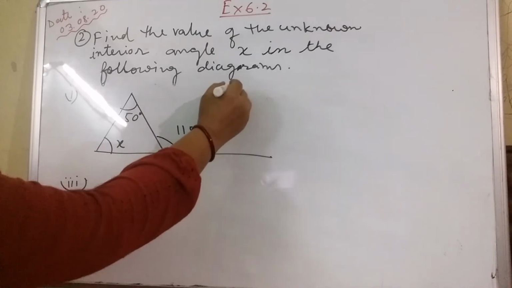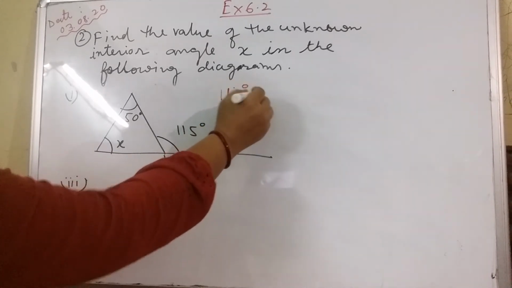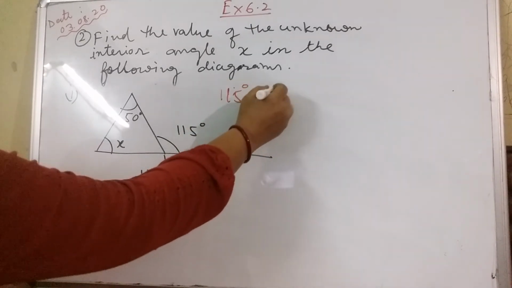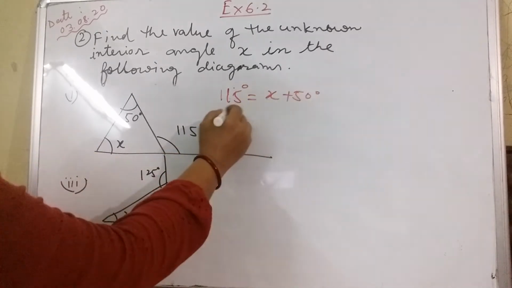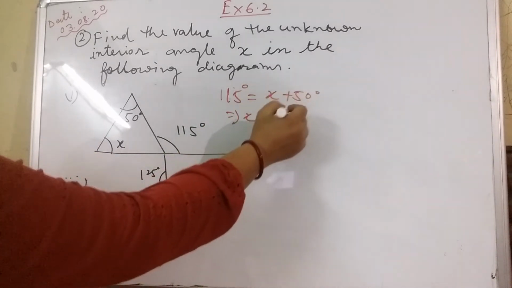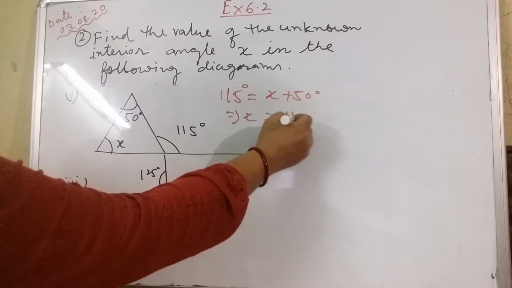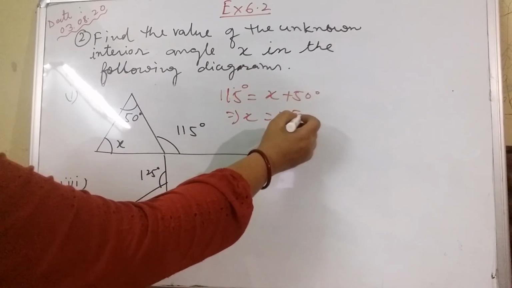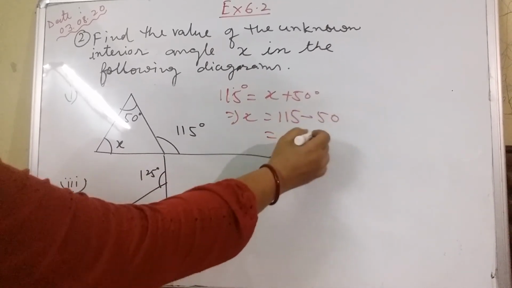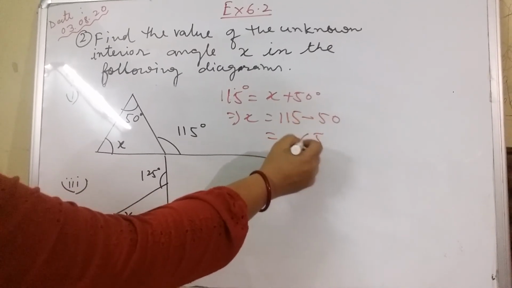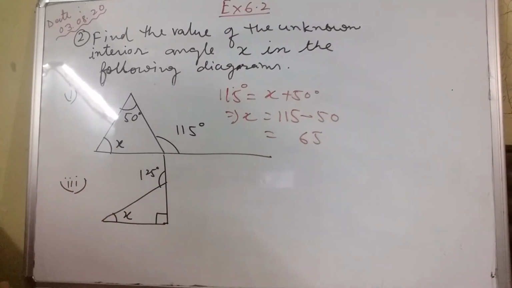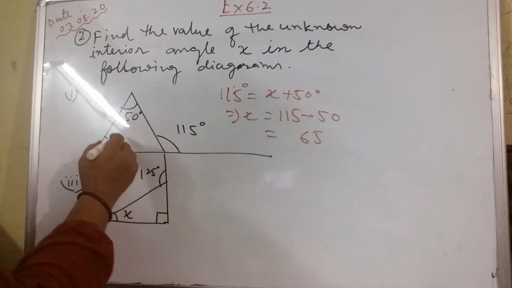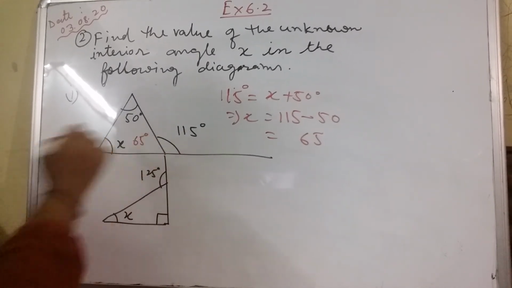So 115 degree equals x plus 50 degree. Okay, so x will be equal to, if you transpose this 50 to the left hand side, 115 minus 50, so 65 degree.